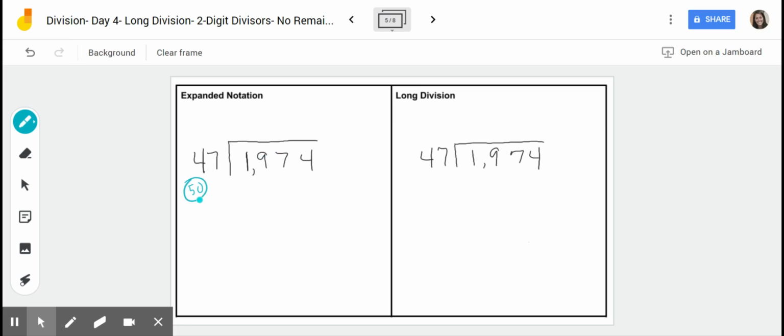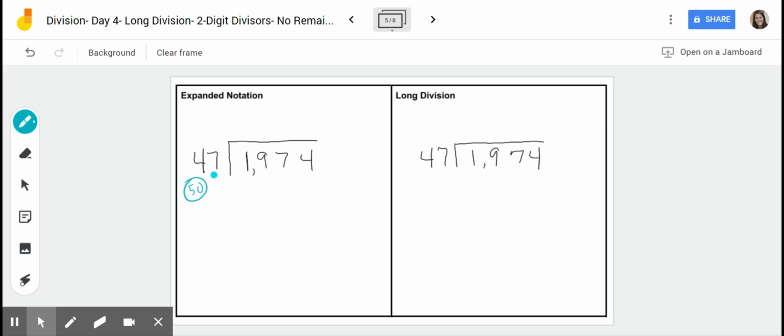So I know that if I skip count by 50, I have 50, 100, 150, and then I have 200. Four groups of 50 is probably going to be too much. However, we rounded up to 50. So when we're thinking about the actual answer, 47 is less than 50.